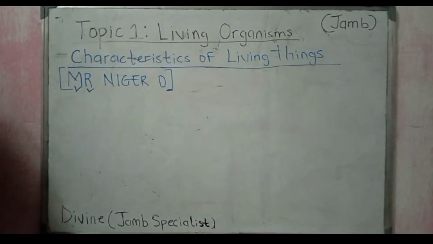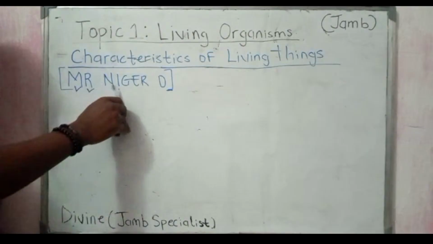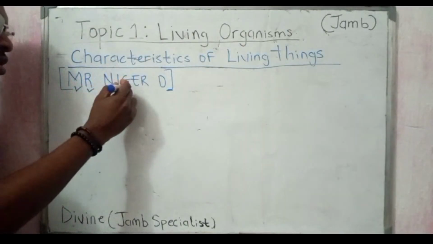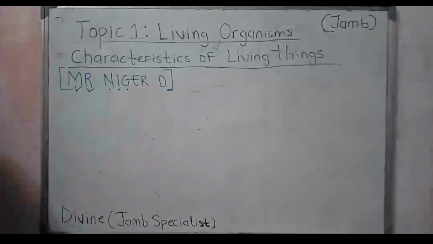Drop your response in the comment section, please. N. After N, if you know what I is, drop it in the comment section. Tell us what N is, tell us what I is, tell us what G is. Drop it in the comment section. Please, let's go, let's go. Let me know what does N mean. So N is what?